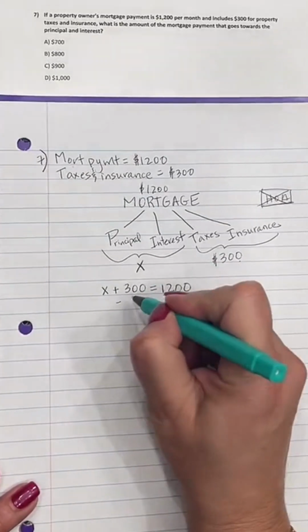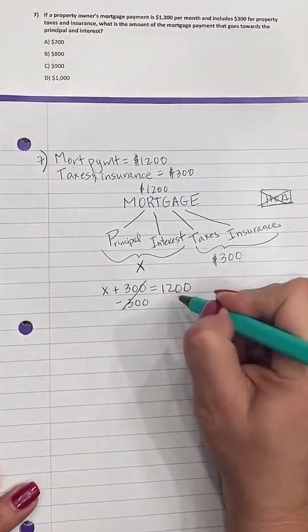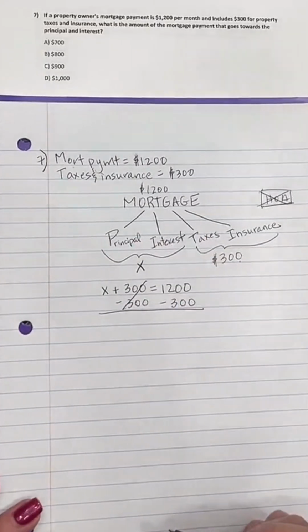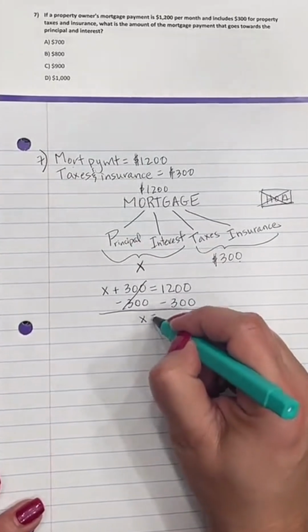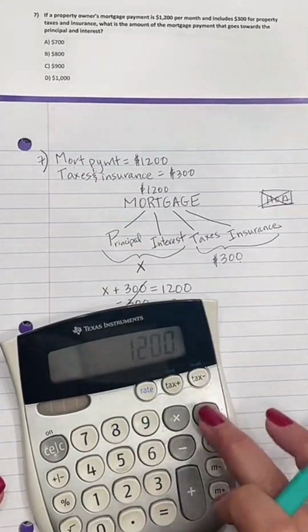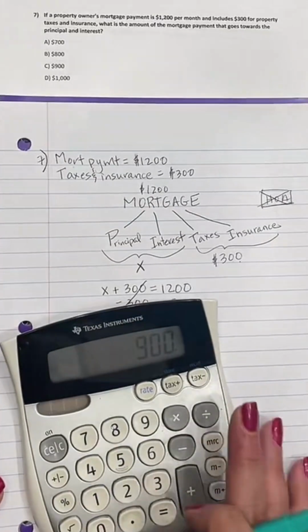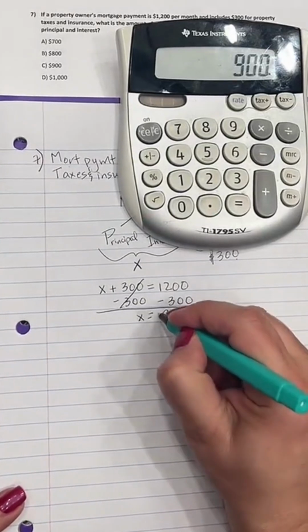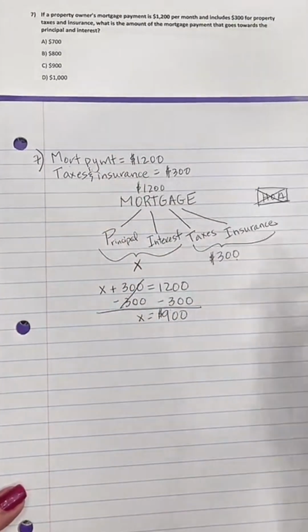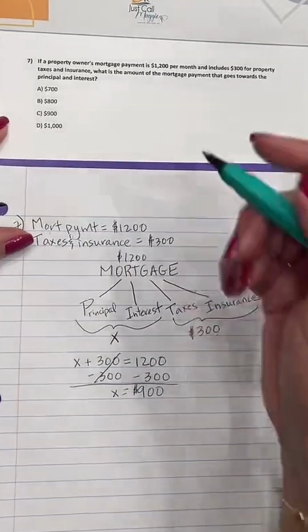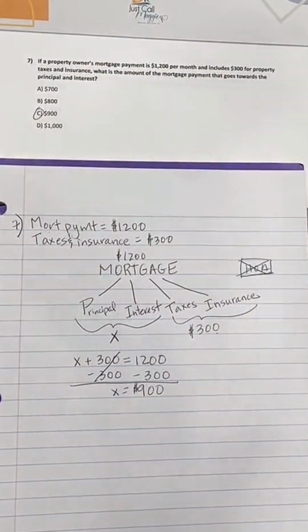And then you subtract 300 from both sides. And then that's how you get this principal and interest payment. So for this, you get your calculator and you subtract. Yes, I don't know how to do arithmetic. And you get 900. So $900 is what goes towards their principal and interest. So the answer is C.